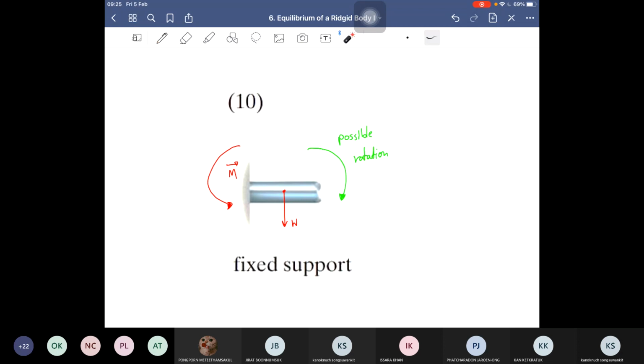And for the translation, the weight of this slot must be directed to the floor or the earth by gravity. So it must exert one force to resist this weight. That force must point up, or Fy.